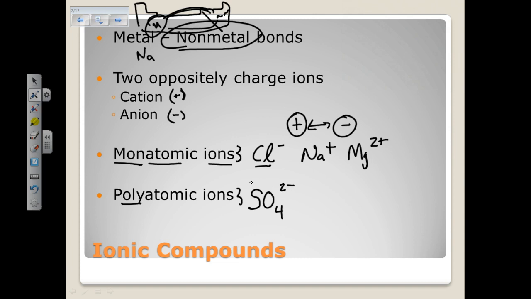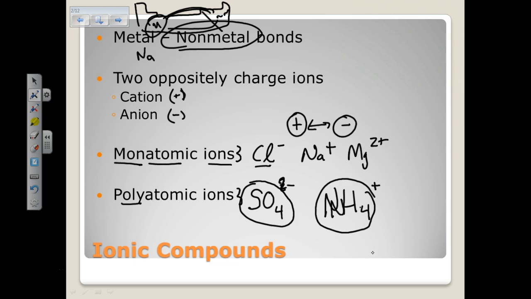So this is the sulfate ion, and that whole ion has 2 extra electrons in it. It is a negatively charged polyatomic ion. There are also positively charged polyatomic ions, like NH4, ammonium. That whole group has lost an electron and had that electron go someplace.